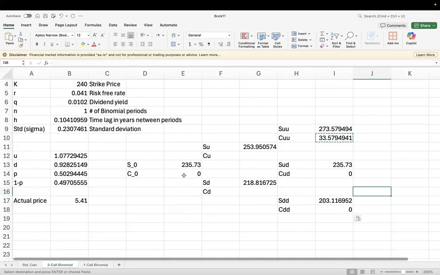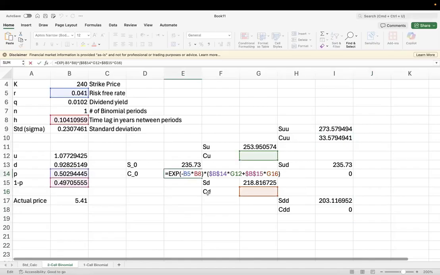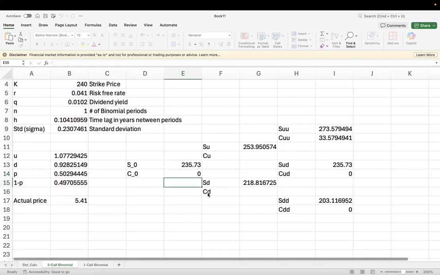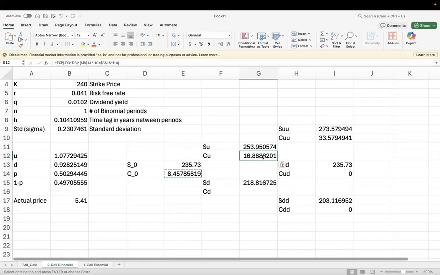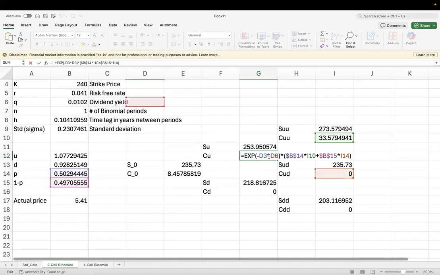Now I can use the formula I had here. I can just copy this formula and paste it here and here. So essentially, this one is using CUU and CUD for option pricing. It says B14, which is P times I10, plus B15, which is 1 minus P, times I14, which is this.